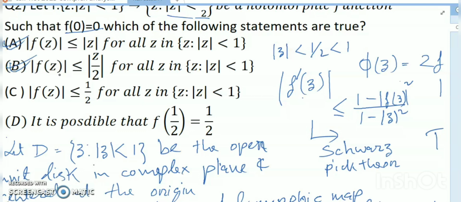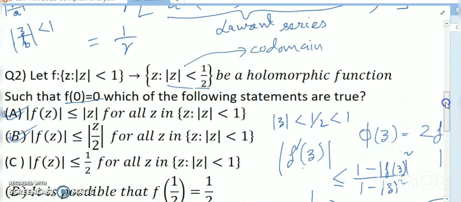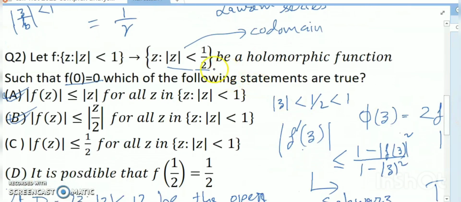If we use the Schwarz lemma, mod of f(z) is less than or equal to mod of z. The range space is half, so this is possible for all z in the disc.